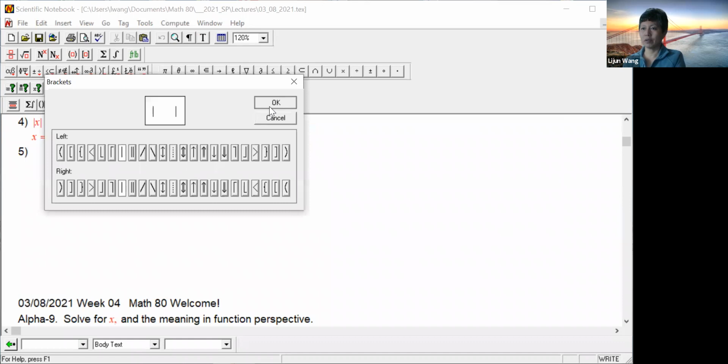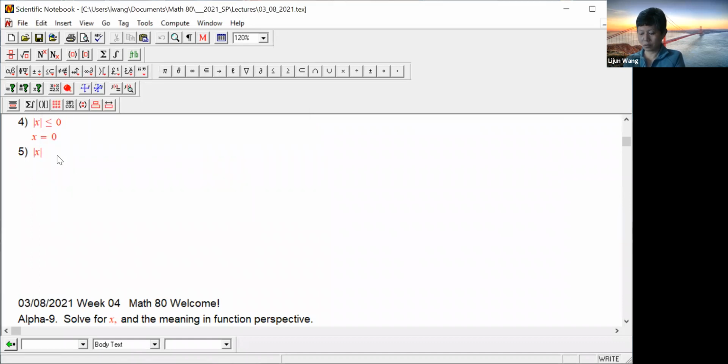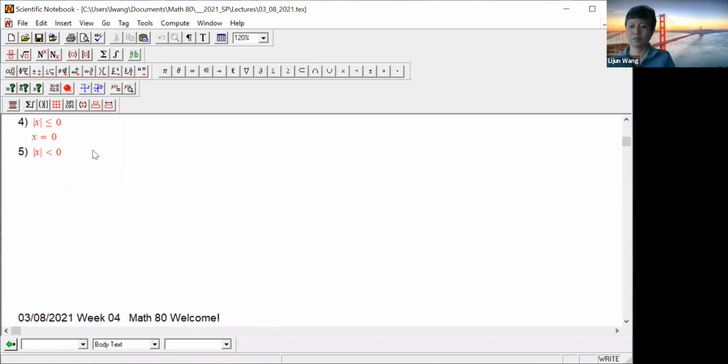Absolute value of a number is less than 0. Two different perspectives.